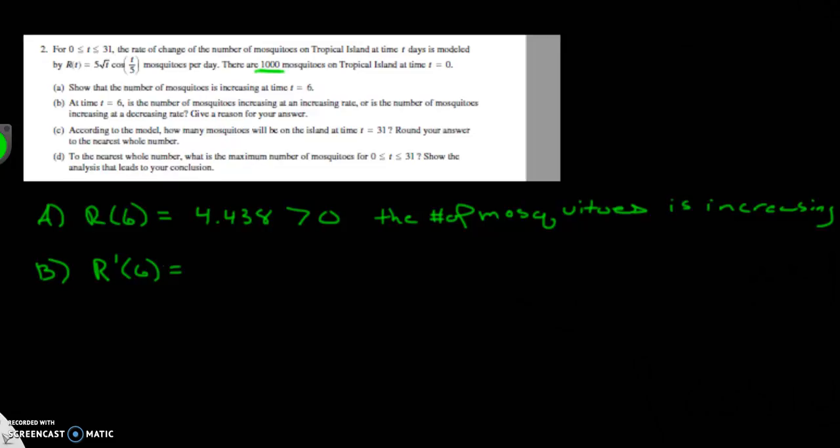When you use your calculator, you will get negative 1.913, which is less than 0. So it's not speeding up in the direction that it was originally moving in, because if you look at these signs, they alternate. So this is increasing at a decreasing rate.